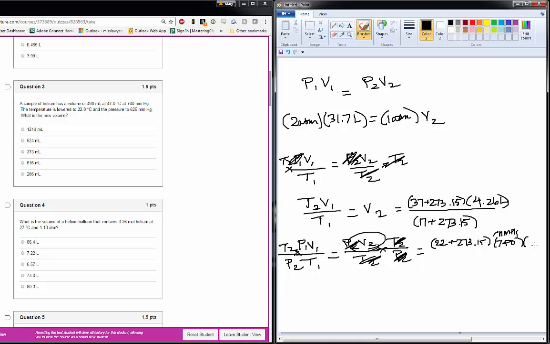And my initial volume is 480 milliliters divided by my final pressure, 625 millimeters of mercury, and my initial temperature, T1, 47 plus 273.15. And I can plug all this in.